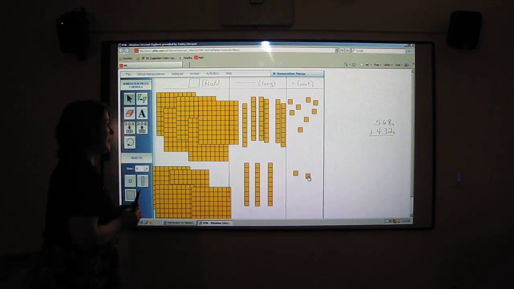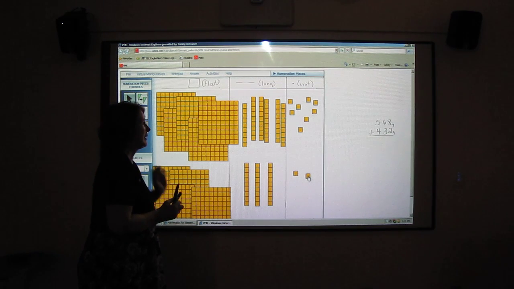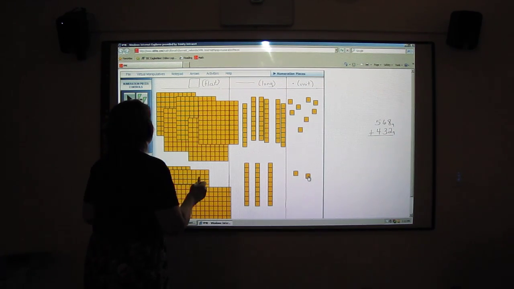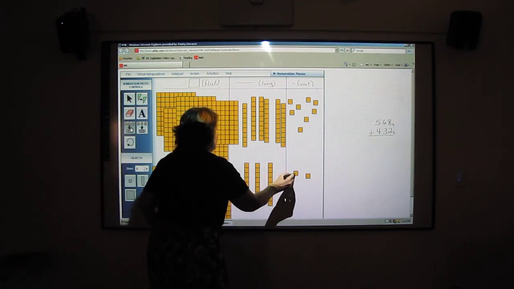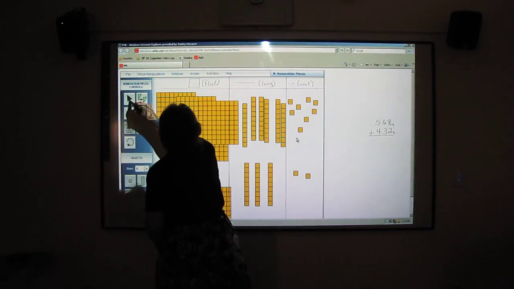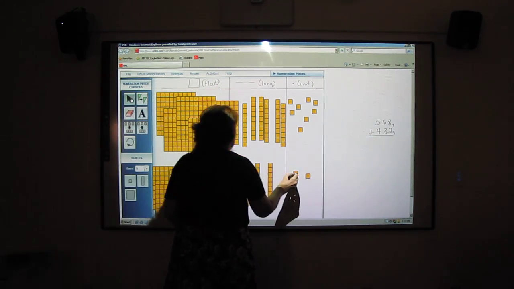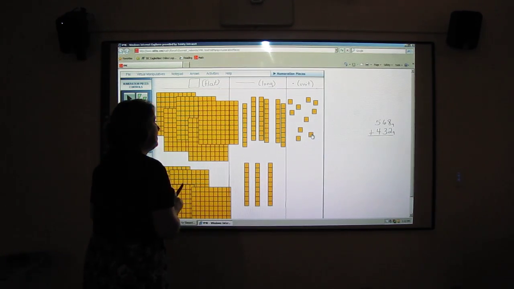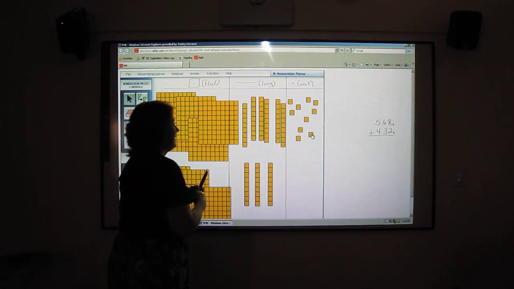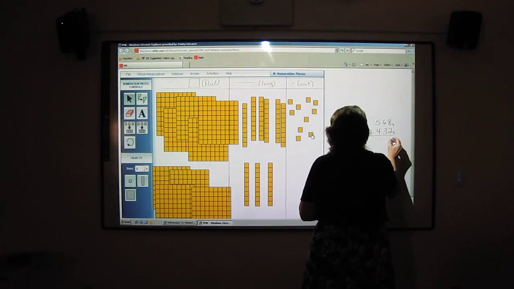The most we can have in any one column is 8 because it's base 9. Once I get 9, I have to trade them in. So let's start off doing our problem. Let's move these together, so it'll be easier. All right. When I add them up, I get 10. I can't have 10 in the column. I'll write 10 there.